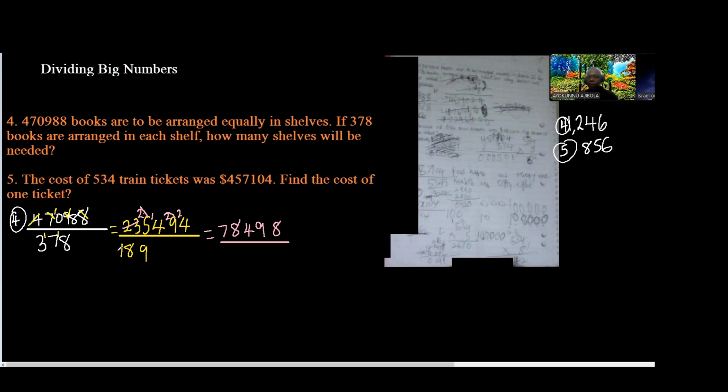We have 3 in 18, because 3 cannot go in 1. So 3 in 18 is 6. And 3 in 9 is 3. Okay.